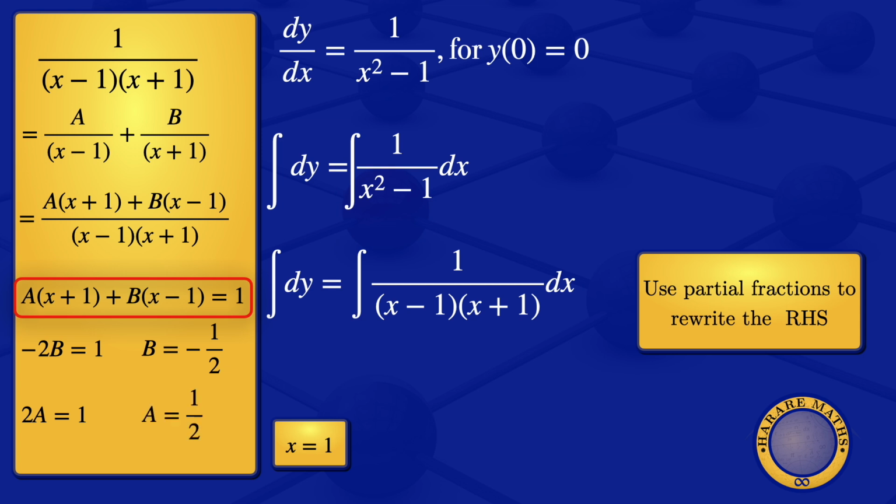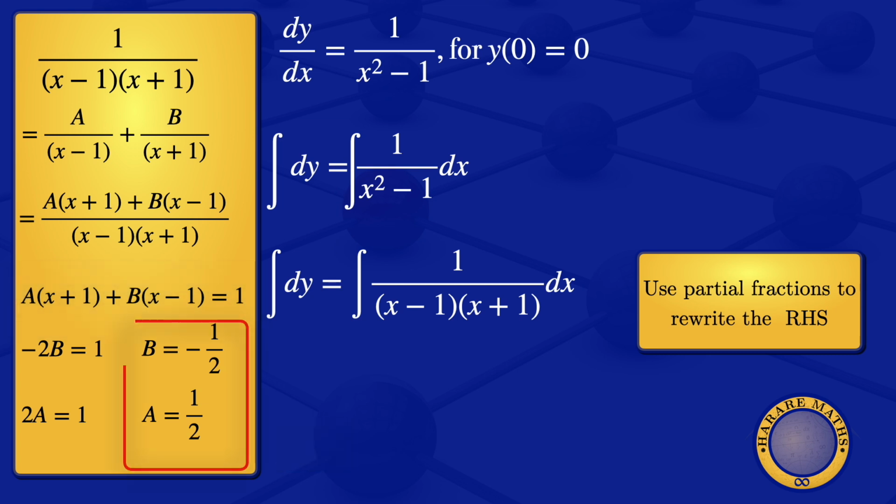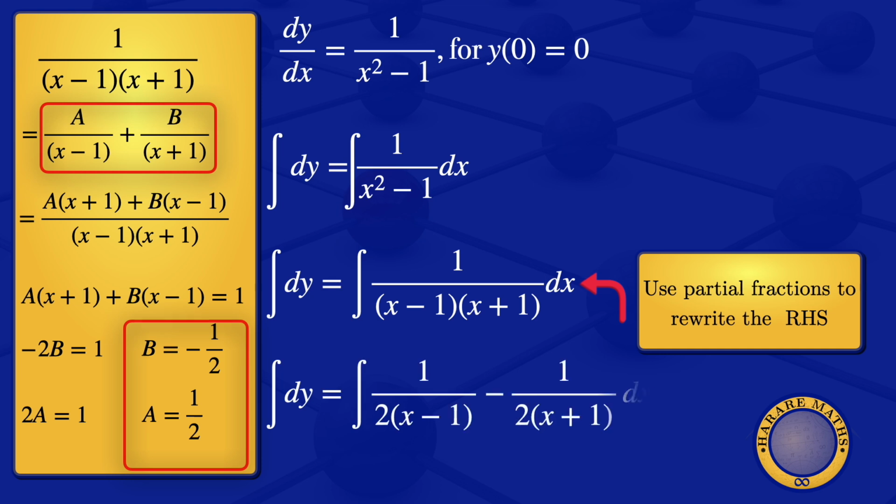Now that we have found the values of a and b, we substitute these values, so that the right hand side of our equation becomes the integral of 1 divided by 2 times x minus 1, minus 1 divided by 2 times x plus 1, with respect to x.